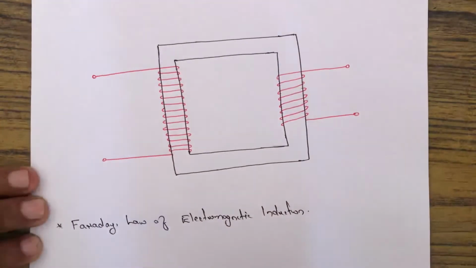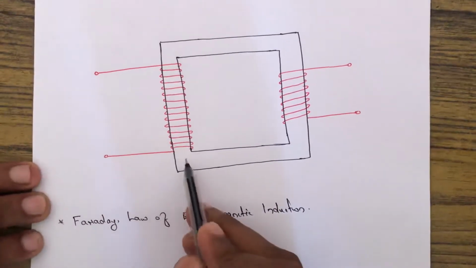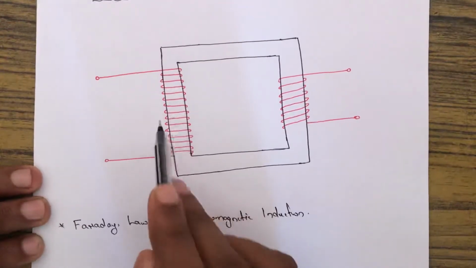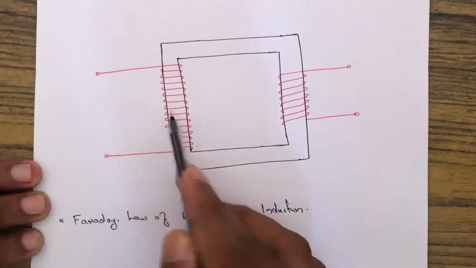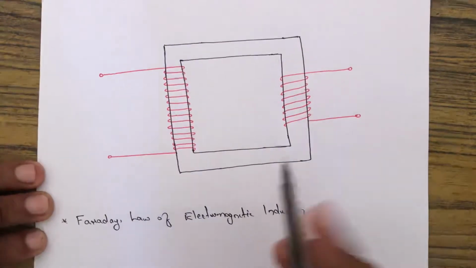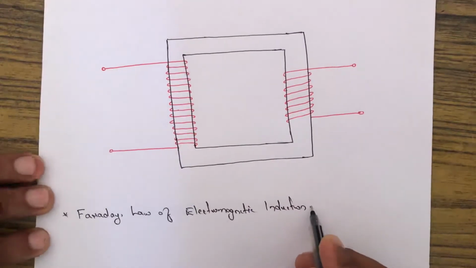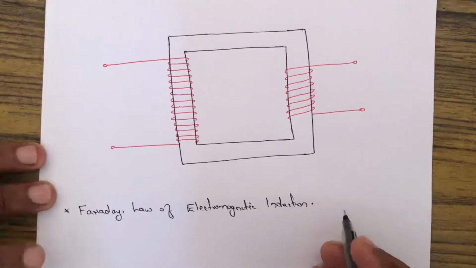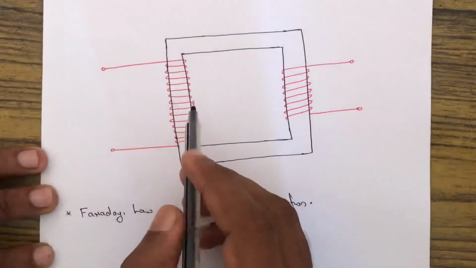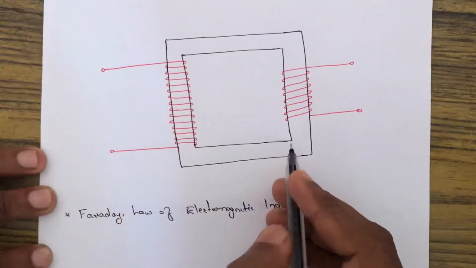So a transformer is a stationary AC electrical machine that transfers electrical energy from one electrical circuit to another without a change in frequency, and it works on the principle of Faraday's law of electromagnetic induction or mutual induction.